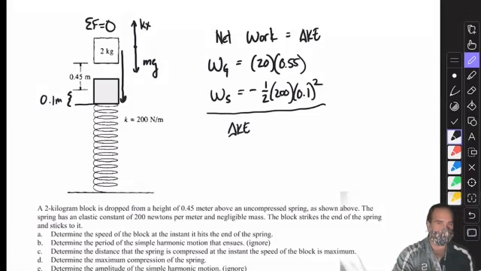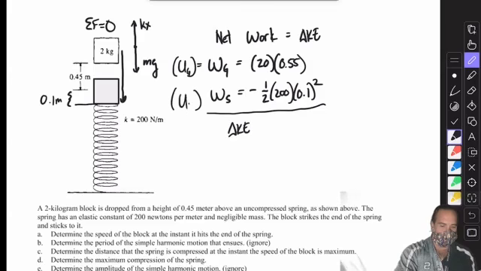Now, there's something I want you to see here. So I'm going to write this a little different. We know this is also related to the gravitational potential energy. This is also related to the elastic potential energy.